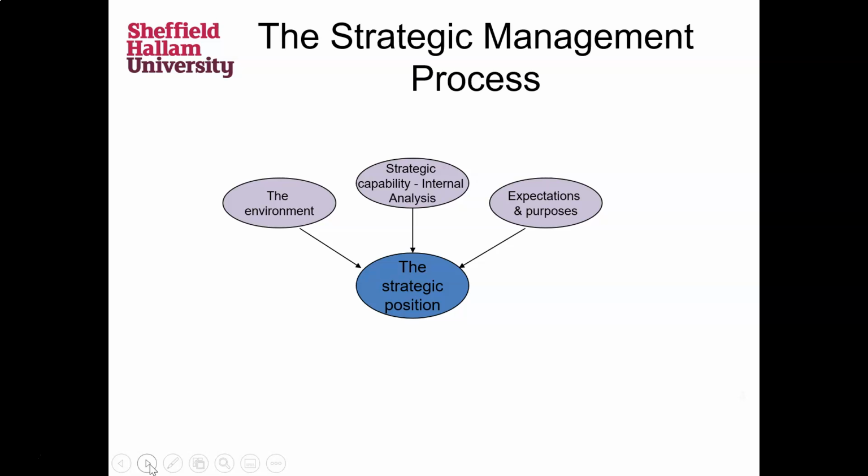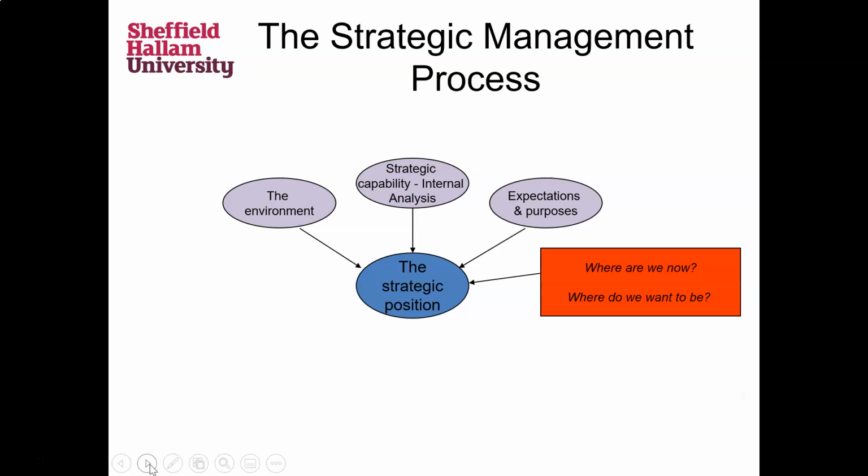Once we've covered these things, we're in a position where we're able to say, where are we now? So what is the current strategic position? Where are we now in terms of the strengths and weaknesses that the organisation has and the opportunities and threats that it's confronted with, and how do its strengths and weaknesses match with the opportunities and threats? So that is where we are now.